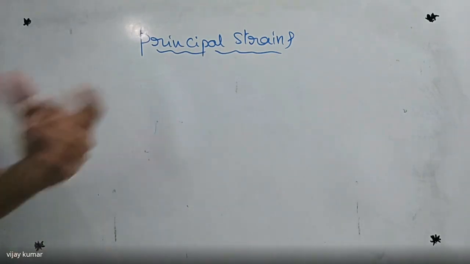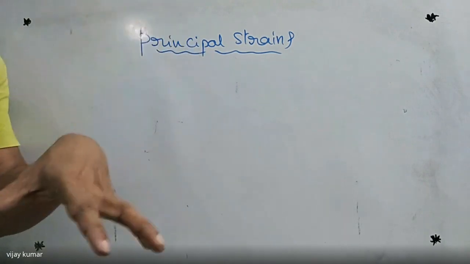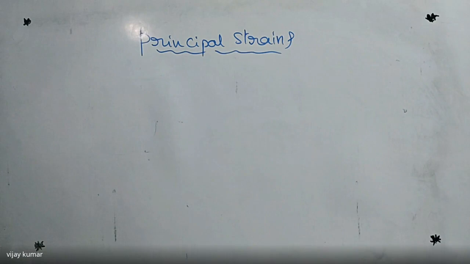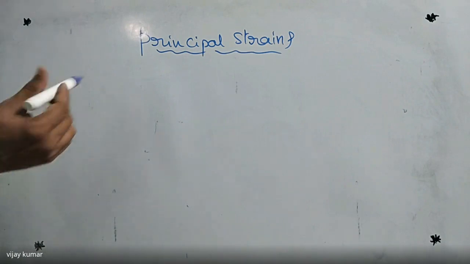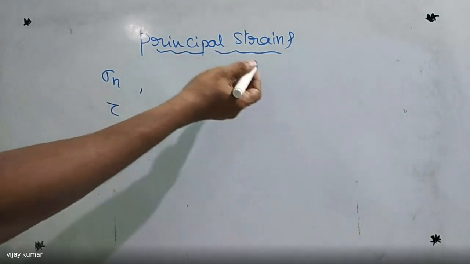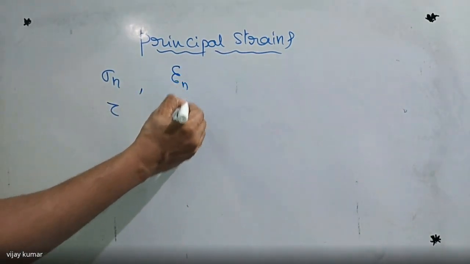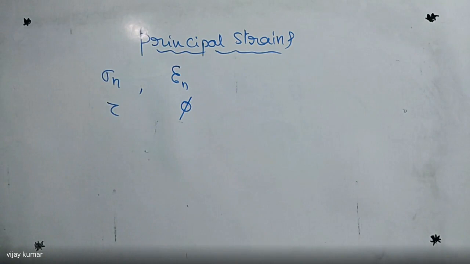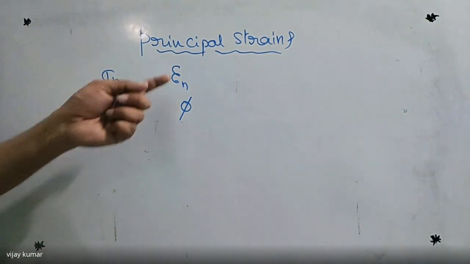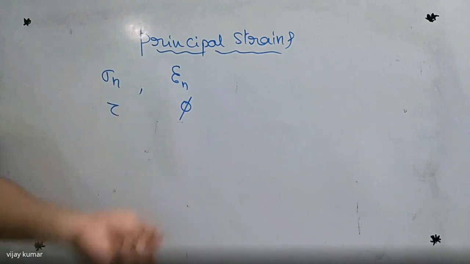In case of principal strains, the formulas are the same as in principal stresses. What is the general formula of stresses here? We can write normal stress and shear stress. But in case of principal strains, normal strain and shear strain. The phi belongs to shear, epsilon belongs to strain. That is, epsilon n is normal strain, phi is shear strain.